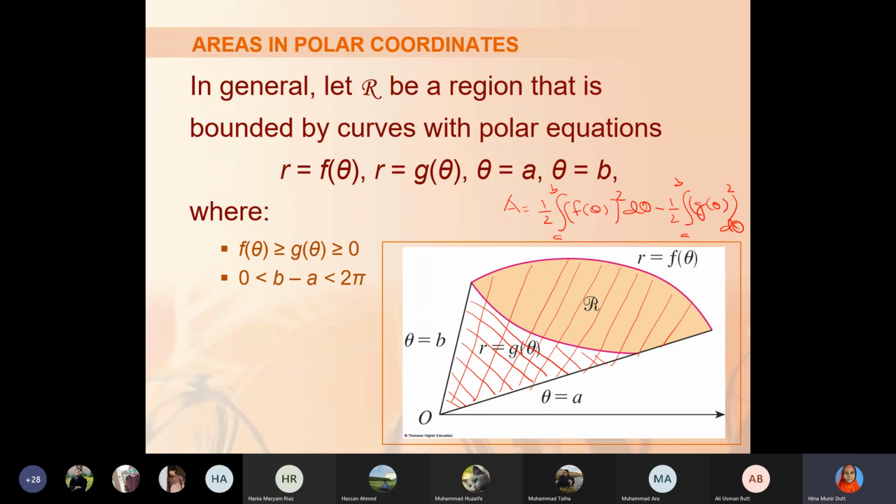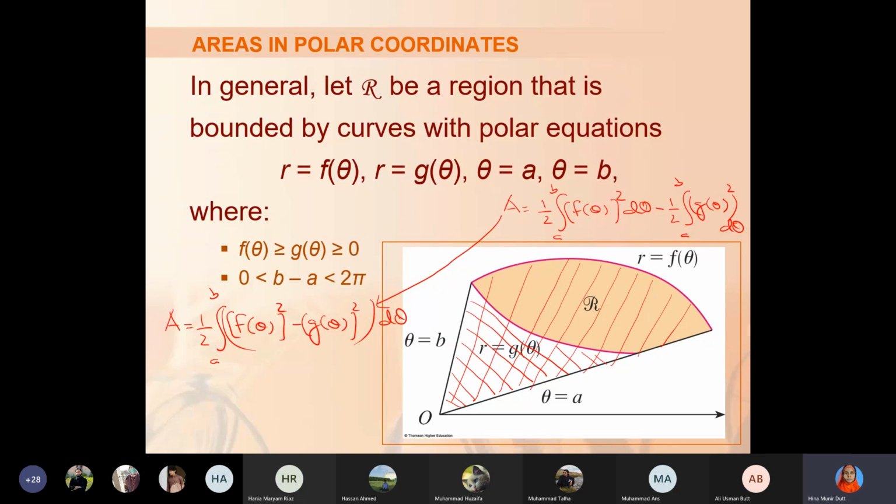So this is my formula, and simplifying it, I will get half, integral from a to b, of f of theta squared minus g of theta squared, d theta.